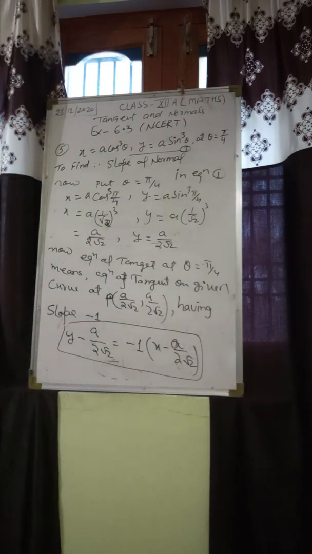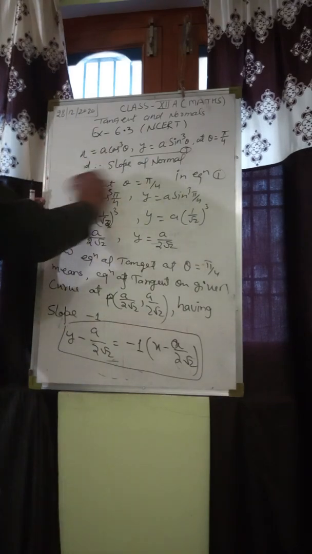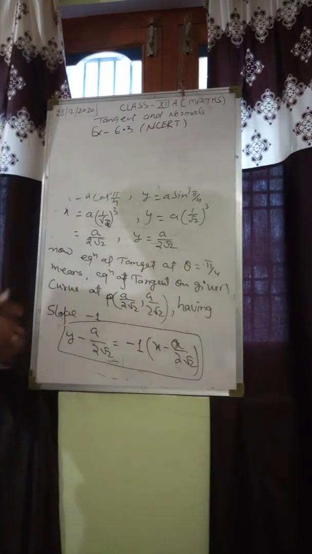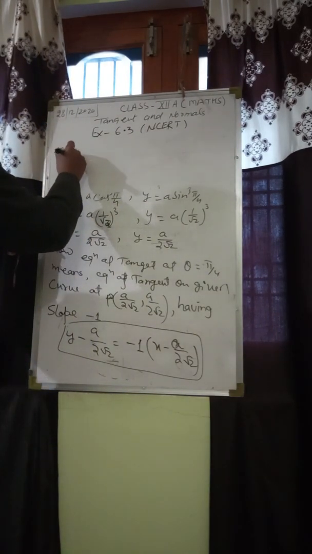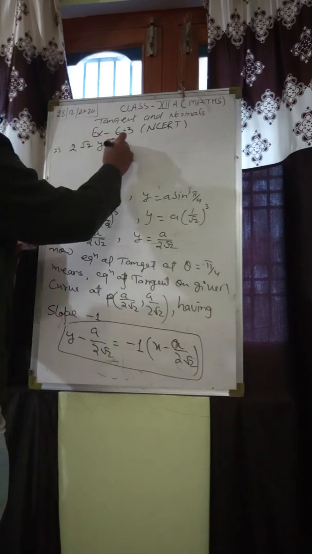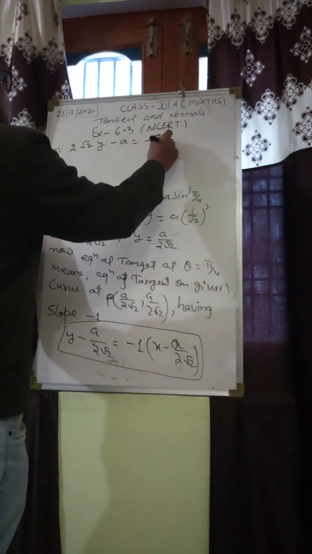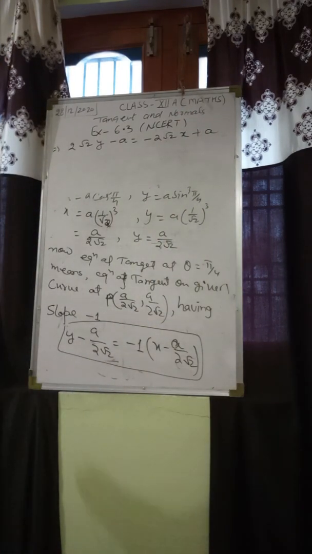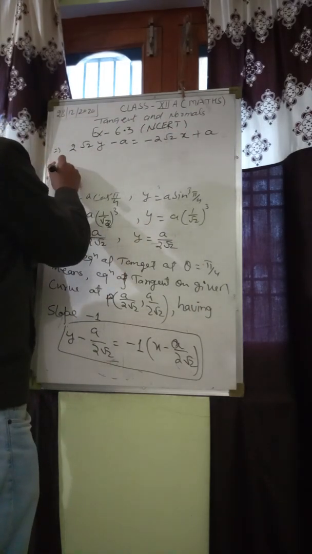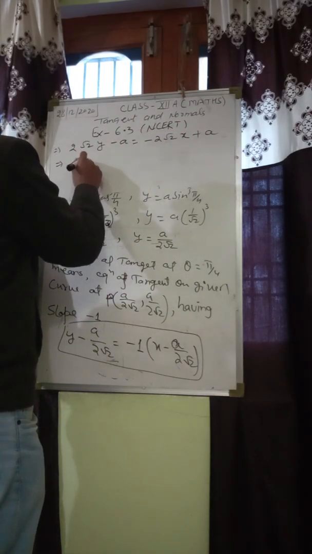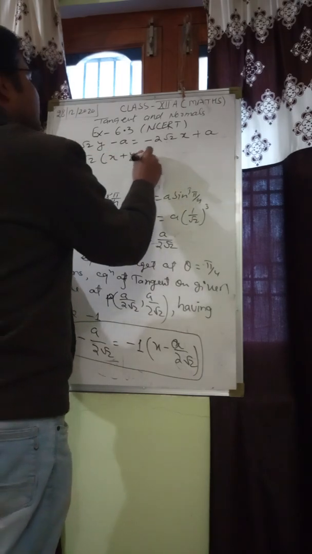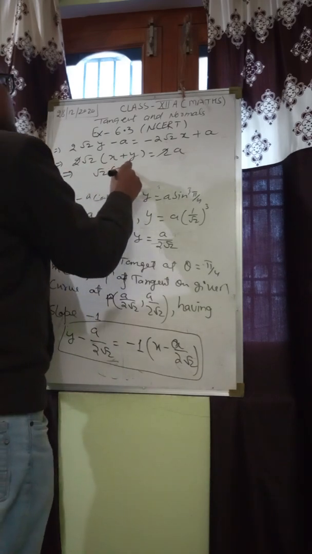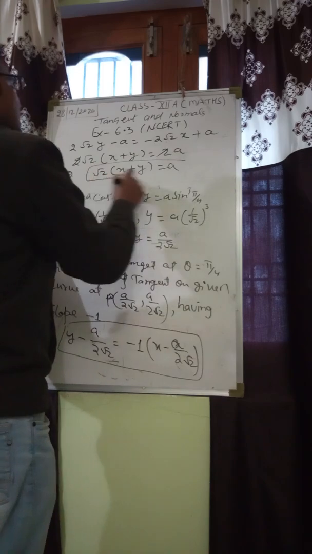What we have, 2 root 2 y minus a is equal to minus 2 root 2 x plus a. So transfer these two to this side. We have 2 root 2 (x plus y) is equal to 2a, the 2 and 2 will cancel, so it will be root 2 x plus y is equal to a. That is the equation of tangent.